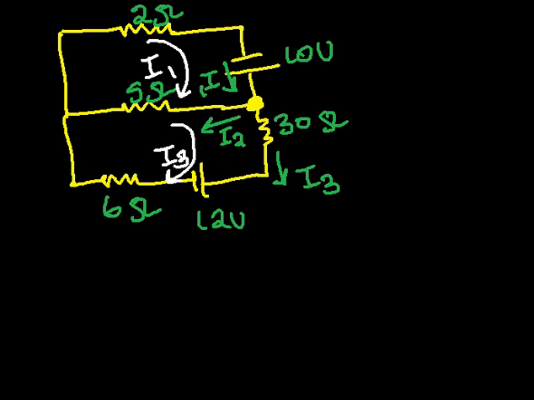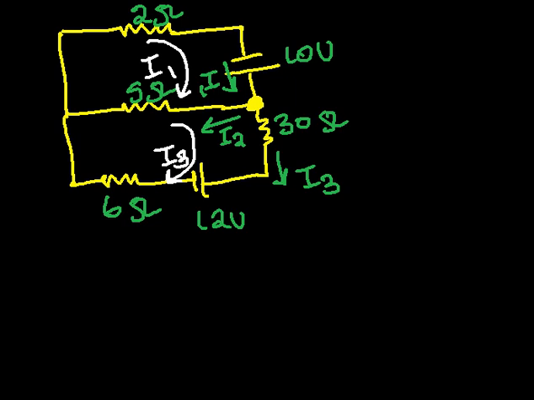Anyway, let's proceed. Now we have the current flow across loop 1, that is I1, that of loop 2, I3, and on the middle branch we have I2. How many loops are here? We have 2 loops. This is loop 1 and this is loop 2.